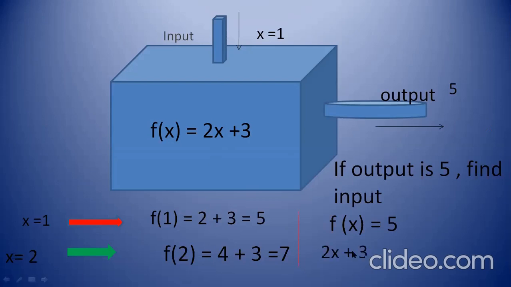Output is 5, so now we can easily get the input. Its input is equal to 1. If the mechanism is decided, 2x plus 3, then we can easily get the input value. If output is 5, input is 1. And if output is 7, input is 2.